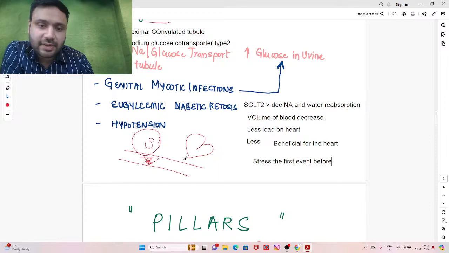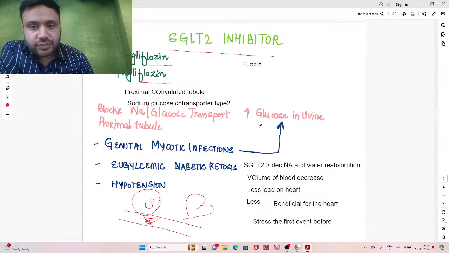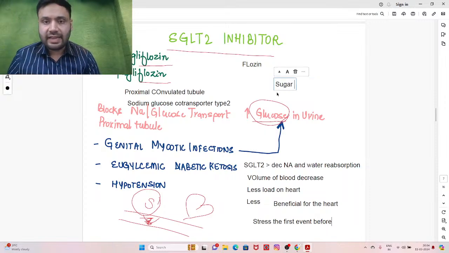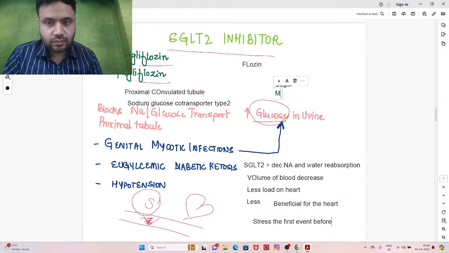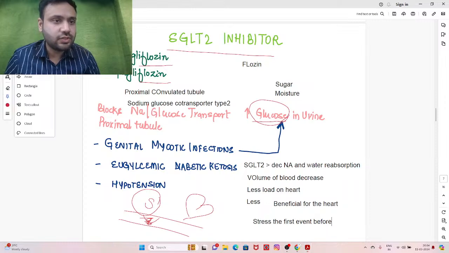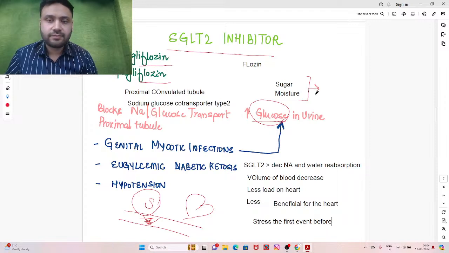Well, this seems to be a better diagram of a heart. So yes, once you decrease the absorption of sodium and glucose in the urinary tract, what do you increase? You increase sugar in the urinary tract, and there is moisture, and these two lead to an ideal environment for a fungus, right?